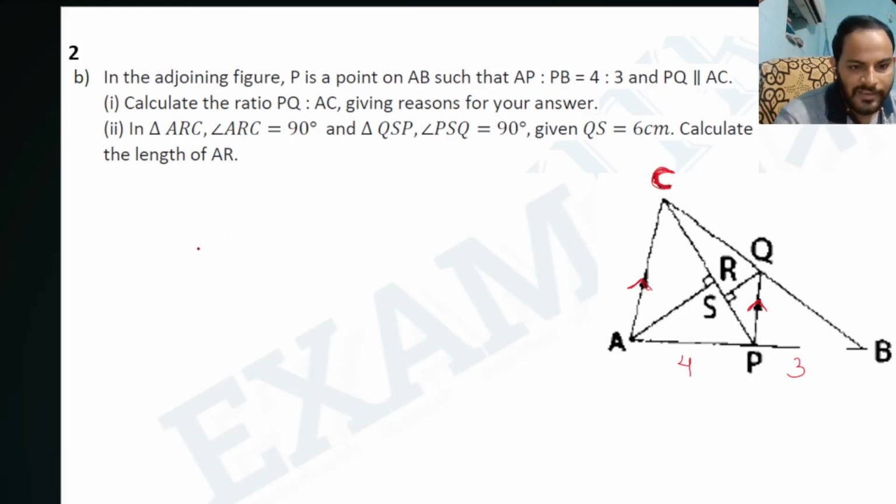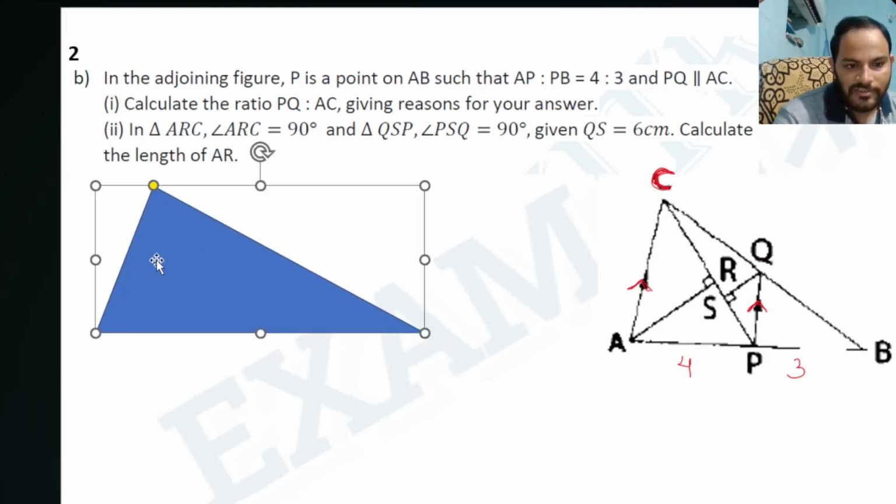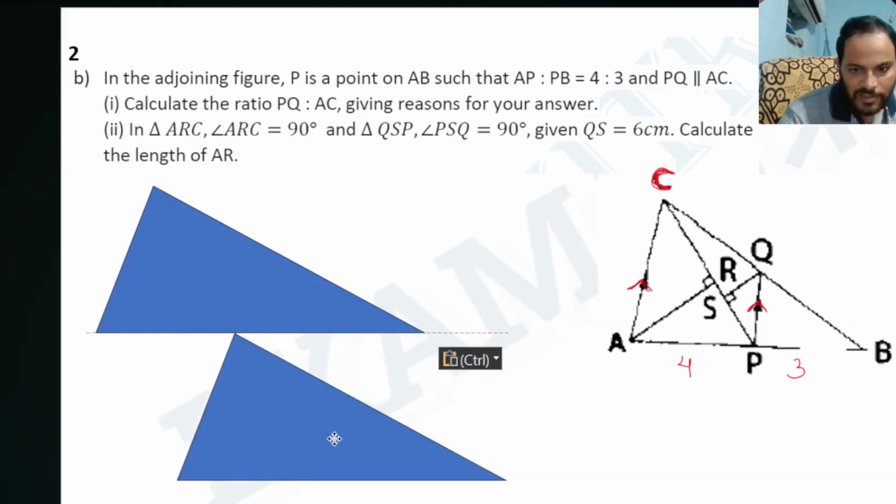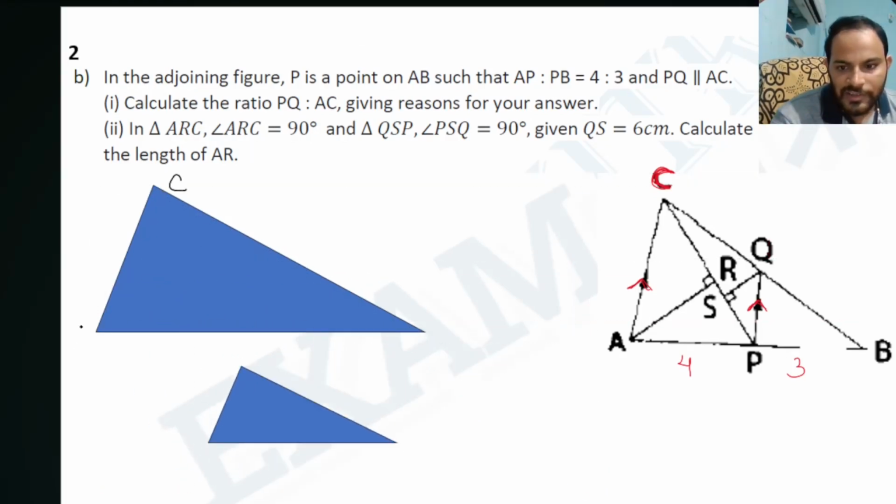If I take the two triangles, let's say this is triangle ACB. Again, let me copy and paste it, and this is C, this is A, and this is B, this is P, this is Q, and this is B. To understand it clearly, I just took out those two triangles so that we can see the picture clearly.